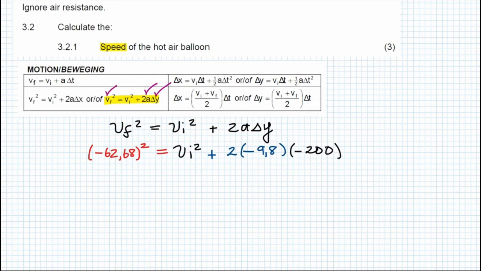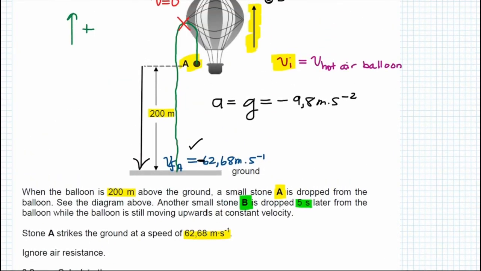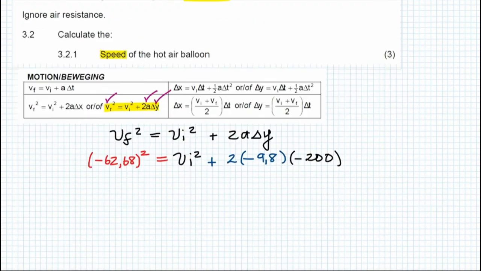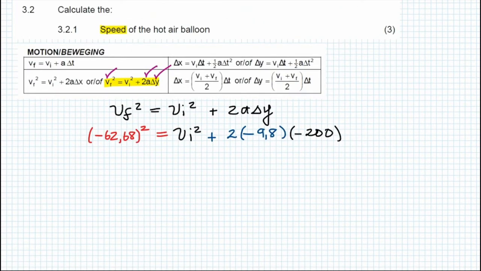What we have done is we have taken this position where stone A starts to be the reference point or zero position. So since the stone's displacement is below that point, the 200 meters is negative. We're taking direction into consideration because change in y is the displacement, and displacement is a vector quantity.